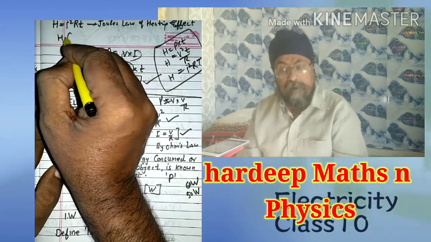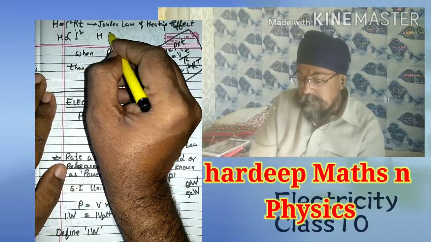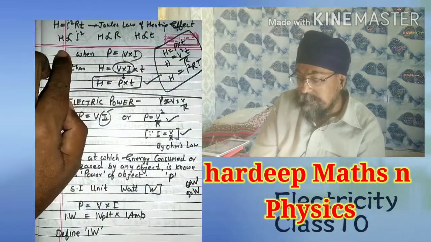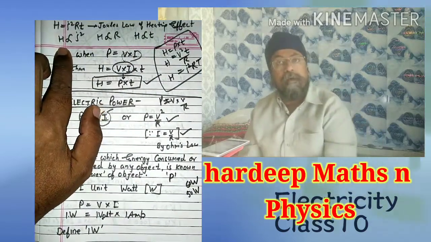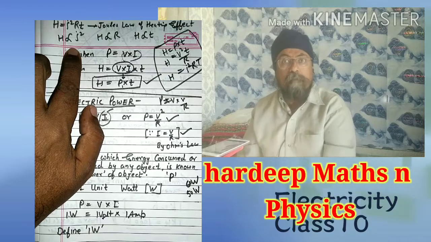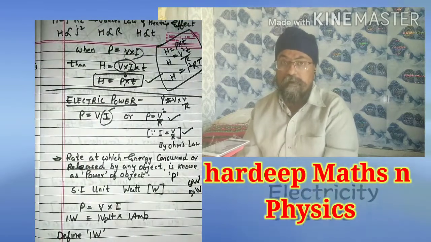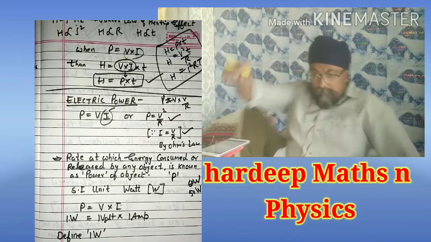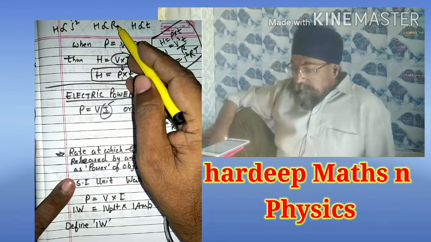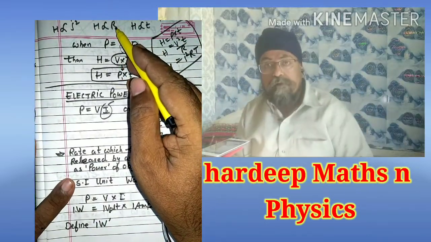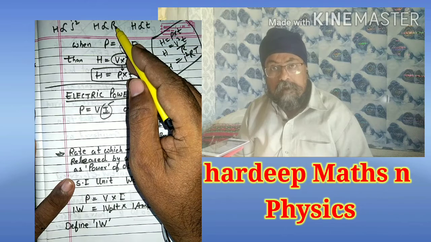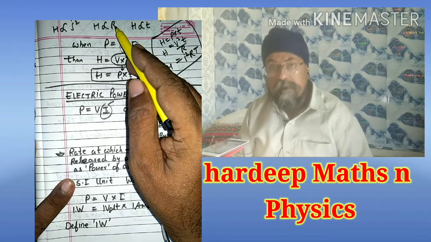According to this, H is directly proportional to I square, H is directly proportional to R, and H is directly proportional to T. That means heat consumed or produced is proportional to the square of the current. Second, H is directly proportional to R. Heat produced or consumed in any circuit, device, or equipment is directly proportional to its resistance.